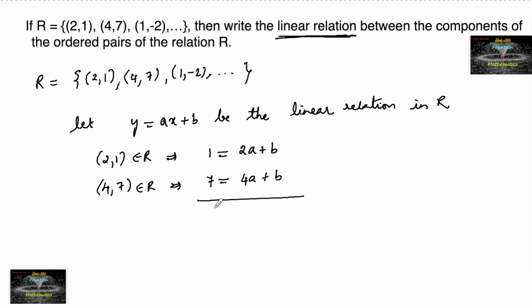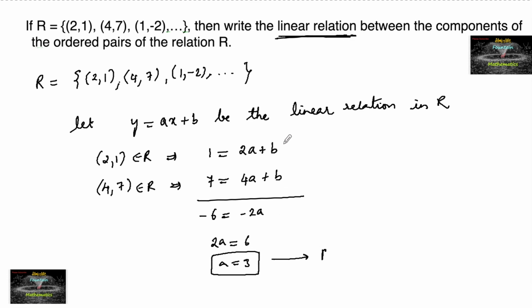On solving these both equations, subtracting, 1 minus 7 is minus 6, and 2a minus 4a is minus 2a, and b gets cancelled, so we got 2a is equal to 6, or a is equal to 3. Substitute a is equal to 3 in any one of the equations.